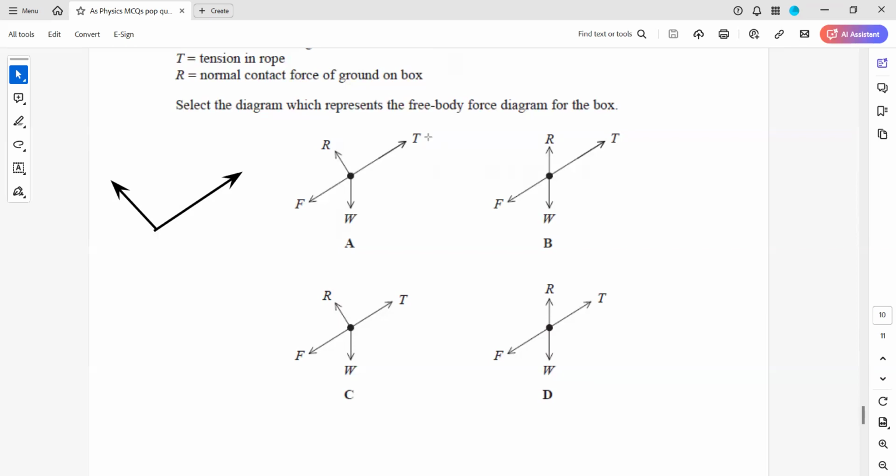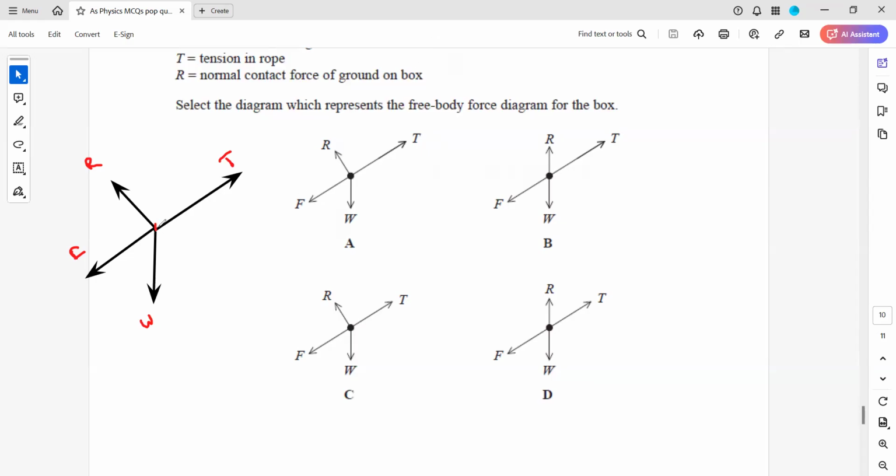The main reason is that there is a component. So this one is a tension. Here is an R, here is a W and a friction. What will happen if we resolve the normal contact force into components? Or if you resolve the weight into components.